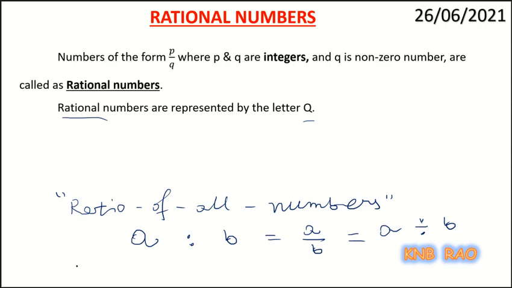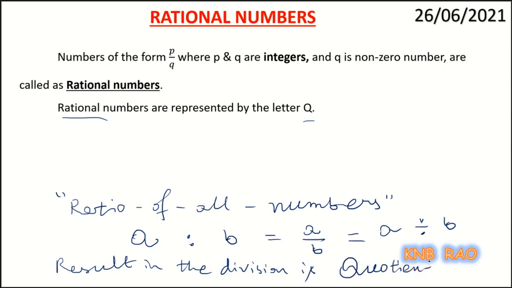What is the result in a division operation? So, the result in the division is called quotient. So, the first letter of quotient, Q, is used to represent the rational numbers set.